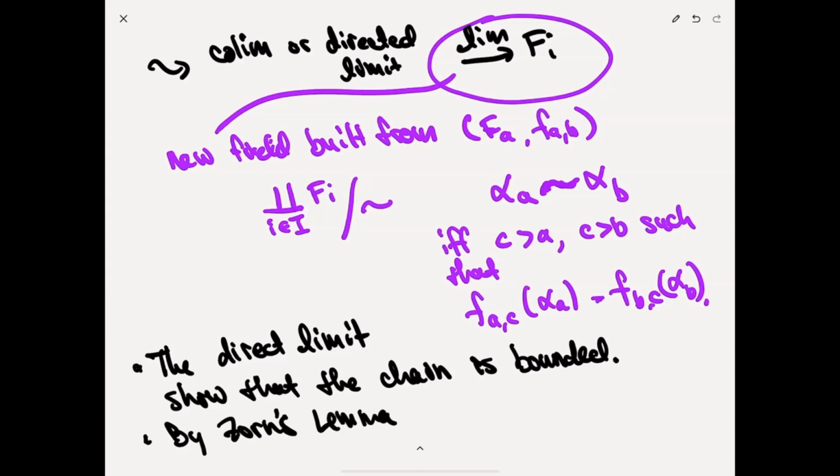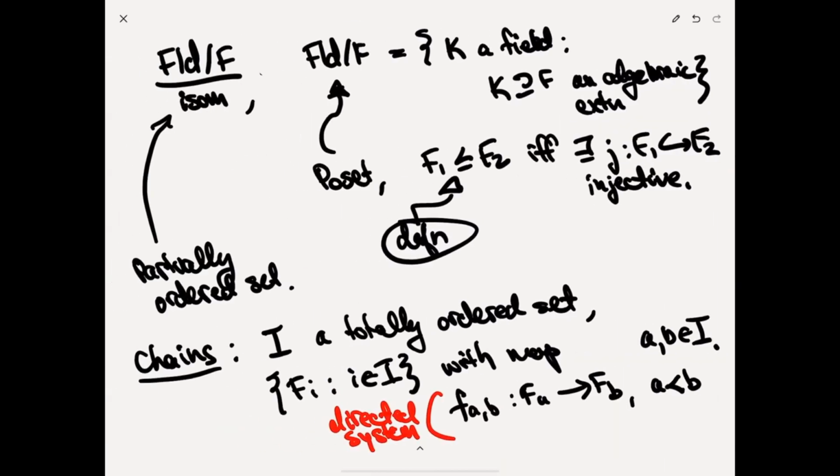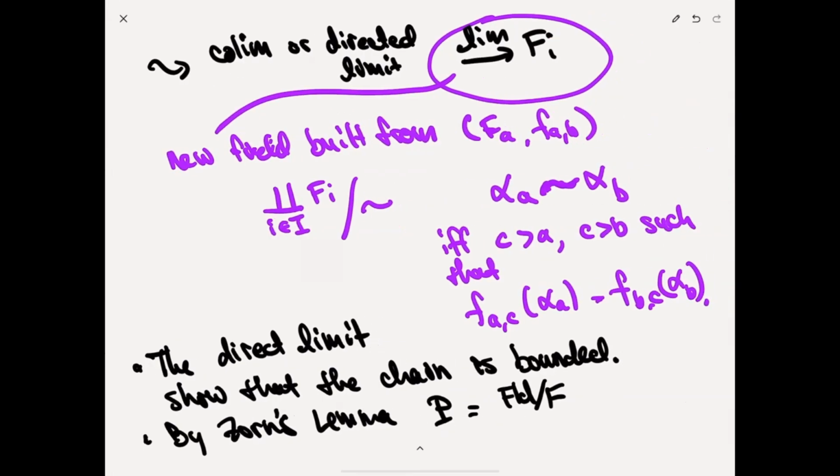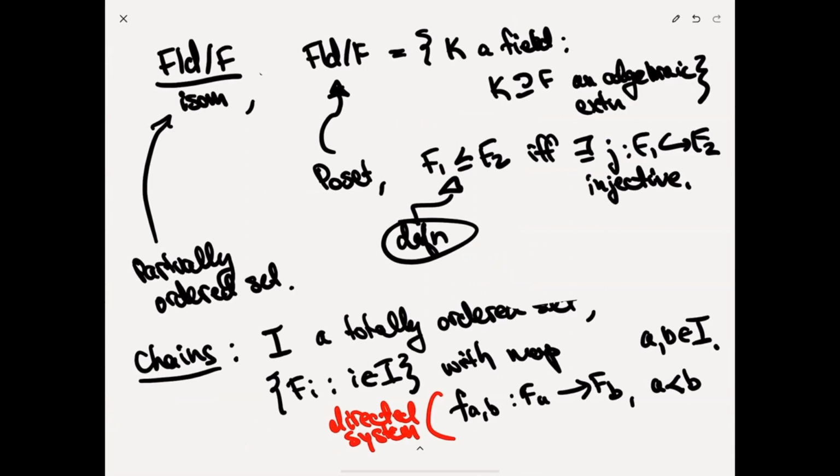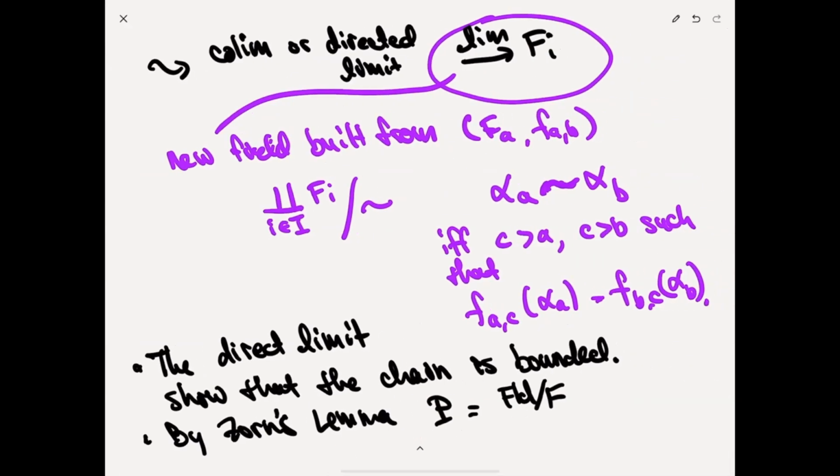this partially ordered set P, which is defined to be the fields over F. That's what that notation means. It's not a division or a quotient or anything.